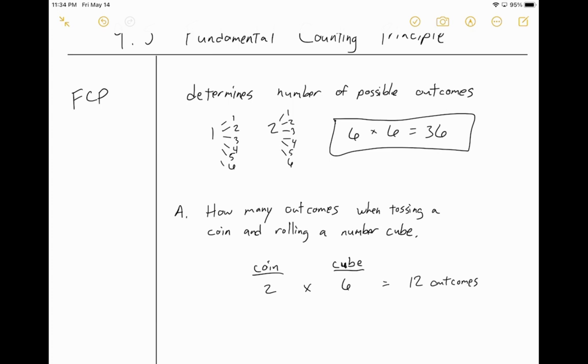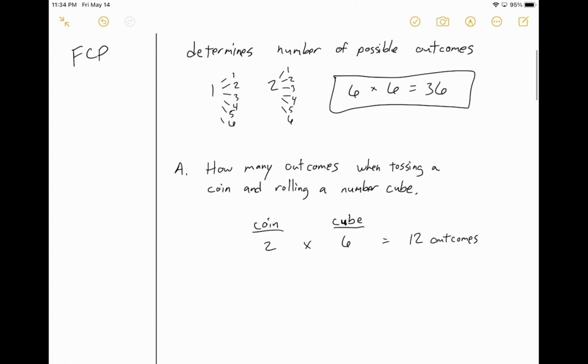So how do we look at this in terms of probability? Well, let's say you were playing a game with flipping a coin and rolling a number cube, and the way that you win is if you get a heads and a 6. So I flip the coin and I have to get heads, and I roll the cube and I have to get a 6.